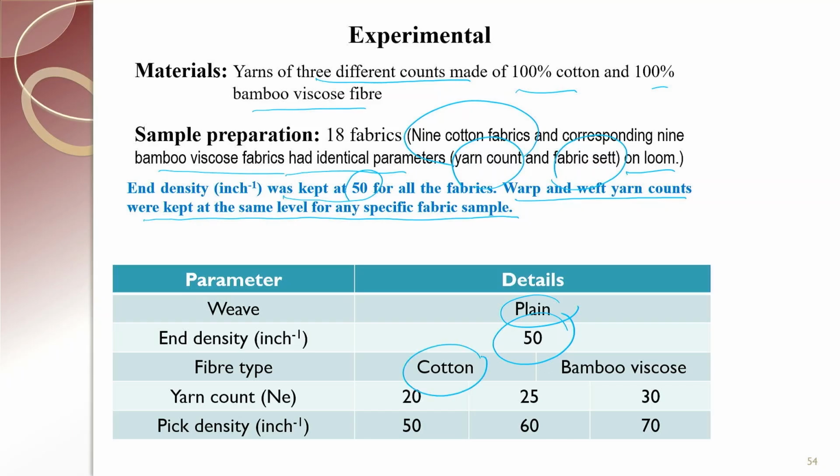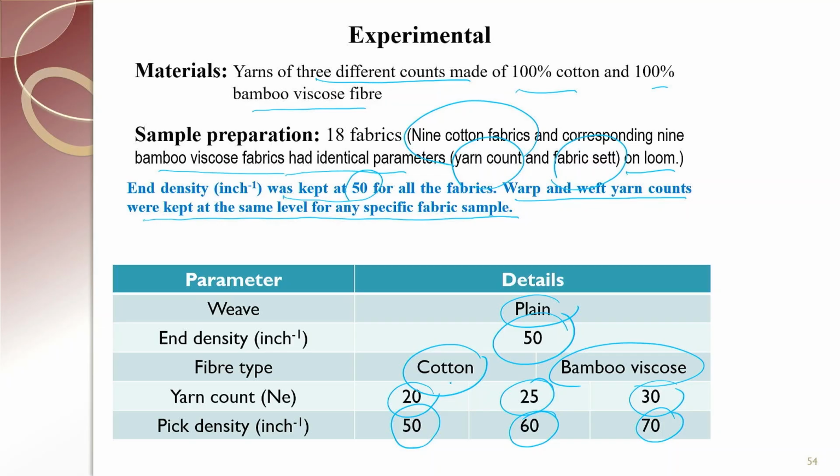For both cotton and bamboo viscose fibers we have created yarn counts of 20, 25 and 30, and picks per inch we have taken 50, 60 and 70.